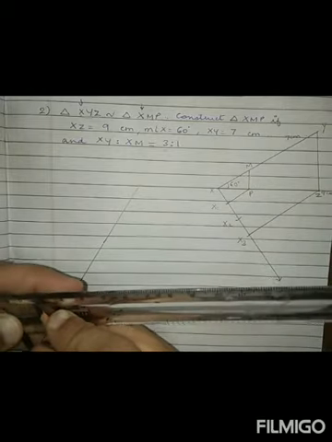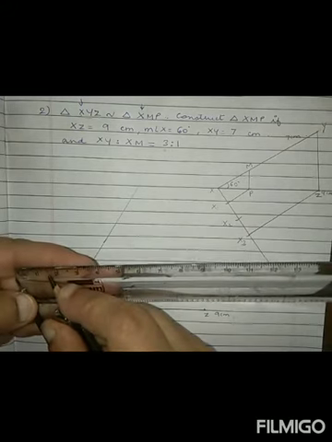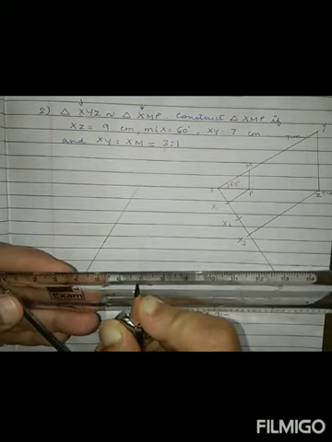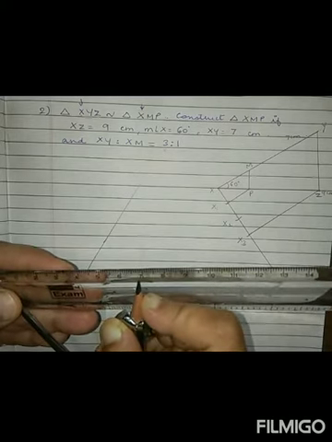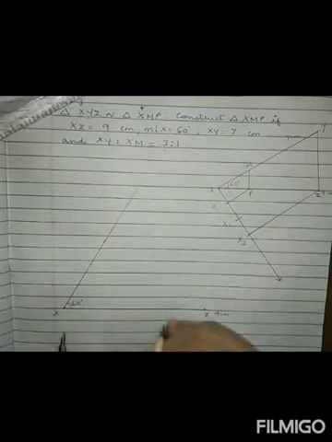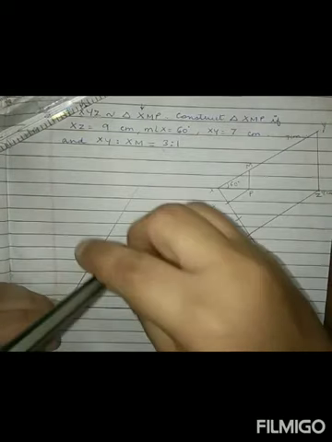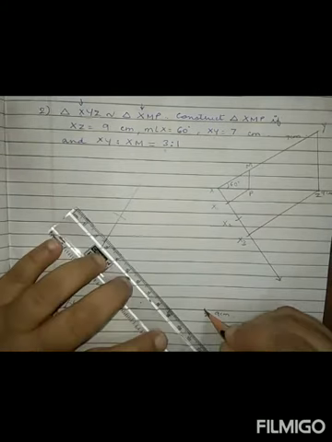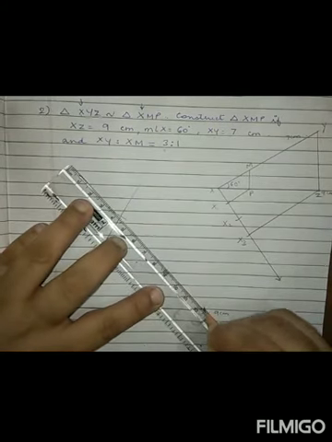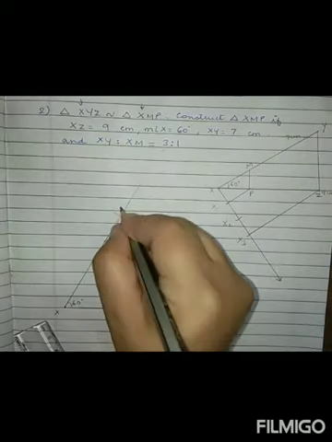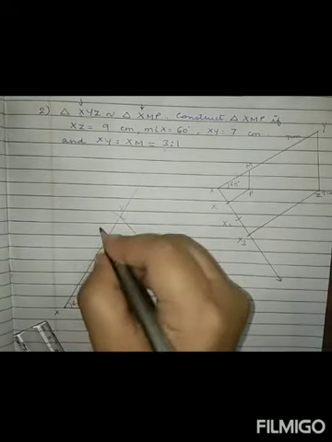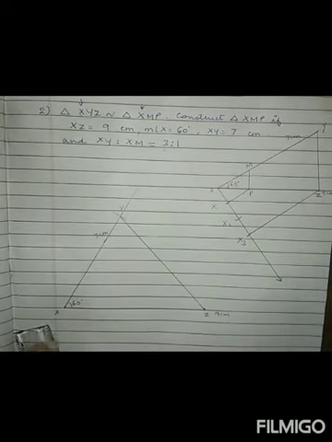So on the compass, take 7 centimeters. This is our original triangle, which is X, Y, Z. So this is 7 centimeters.